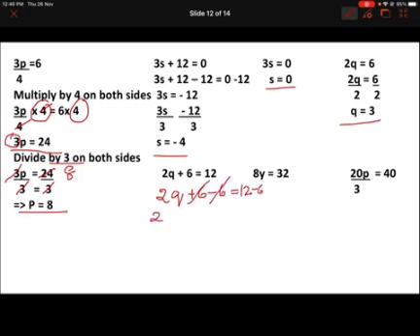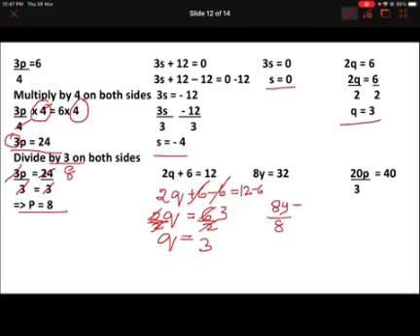So 6 and 6 get cancelled. So 2q equals 6 and q equals, again here children, divide by 2, divide by 2. 2 and 2 gets cancelled. 2 ones, 2 threes. Q is 3.